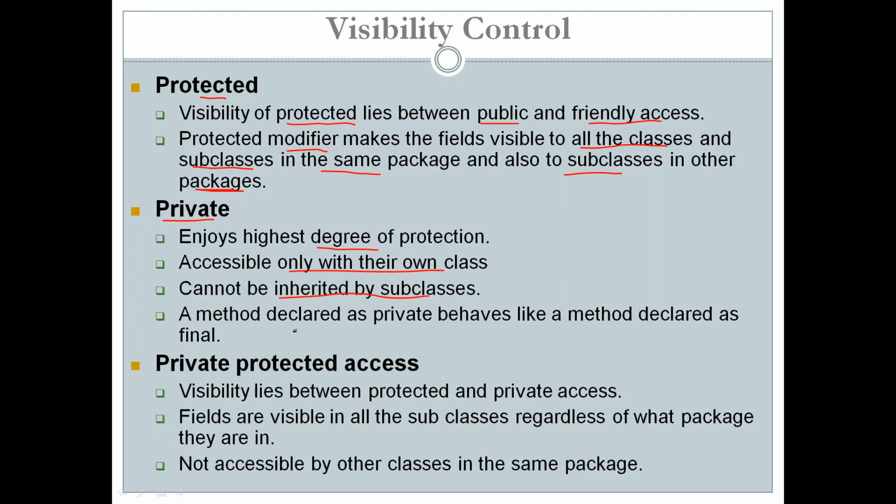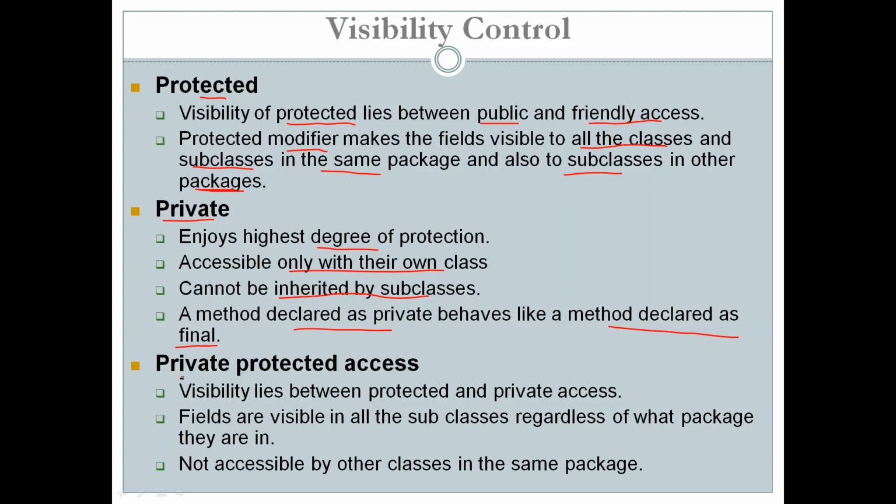A method declared as private behaves like a method declared as final. We have studied about final methods, which cannot be inherited by the subclasses, right? In the same way, if you declare a method as private, it cannot be inherited in the subclasses, or even overridden.